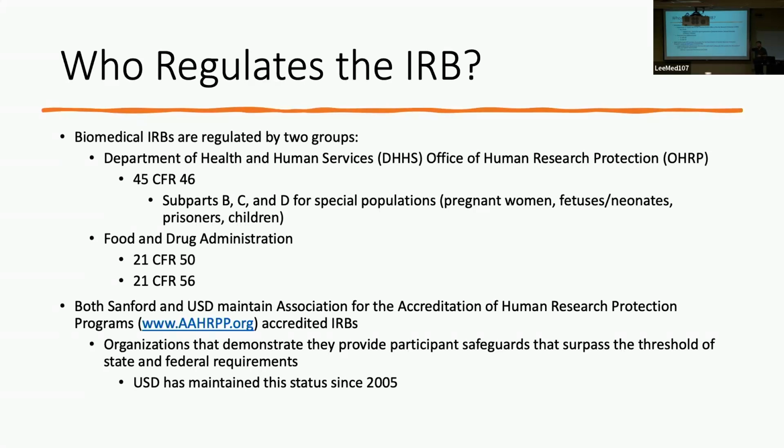So we can do the bare minimum and just be a federally approved institutional review board, and we can review federal studies and studies that are seeking federal dollars and things like that. But the University of South Dakota and Stanford have gone above and beyond that and have become members of AHRP.